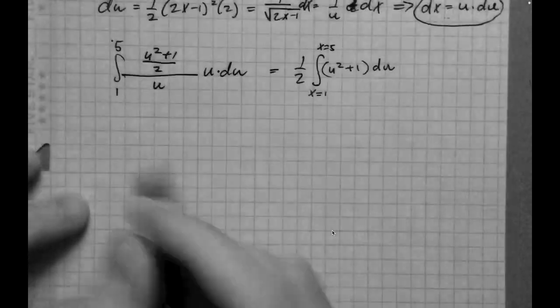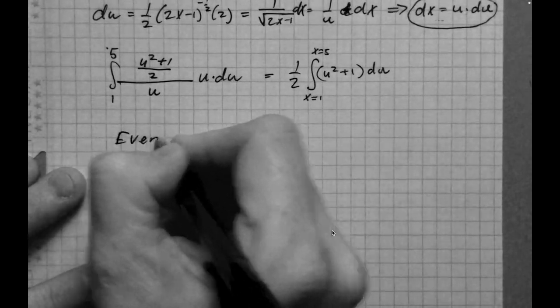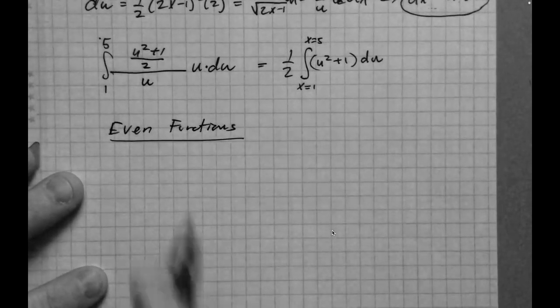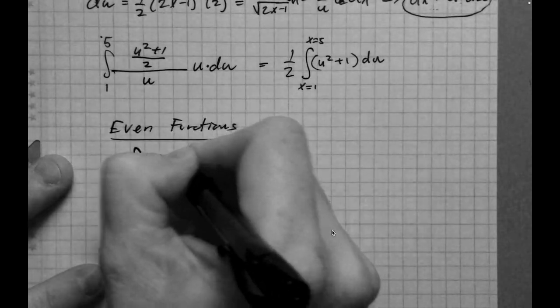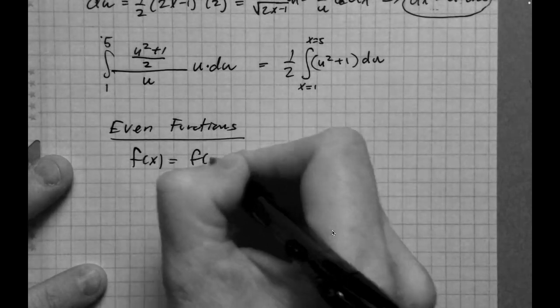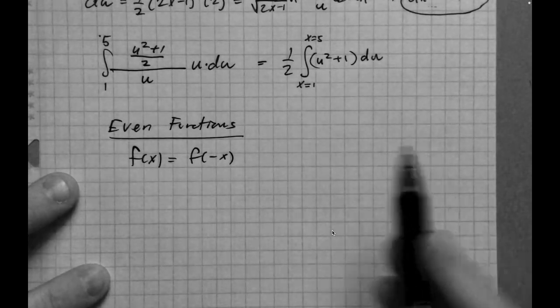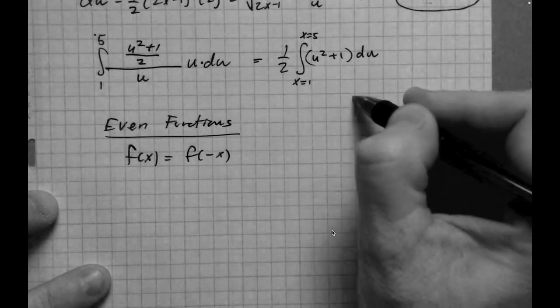So just to remind people, even functions satisfy the following: f of x equals f of negative x. What this basically means is that they're symmetric across the y-axis.